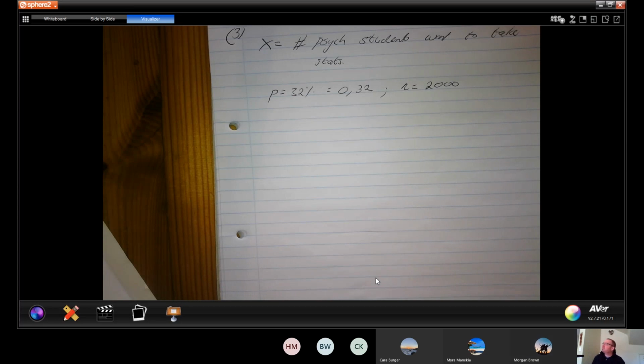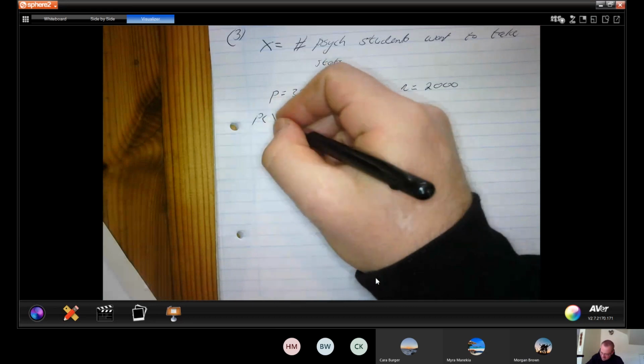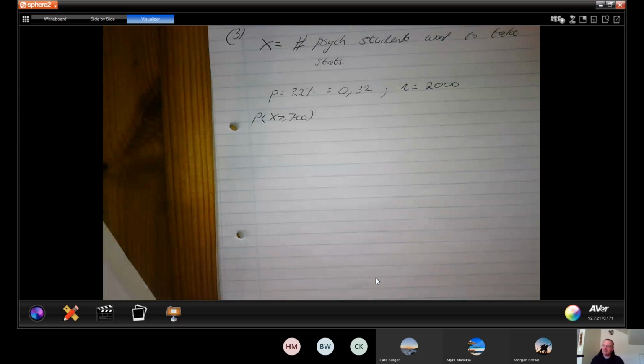We want to know the probability. The ultimate question is, what's the probability that X is greater than or equal to 700? If we're going to use binomial, you'd have to work out the probability of getting 700 students, 701, 702, all the way up to 2,000, which would take the rest of your life.